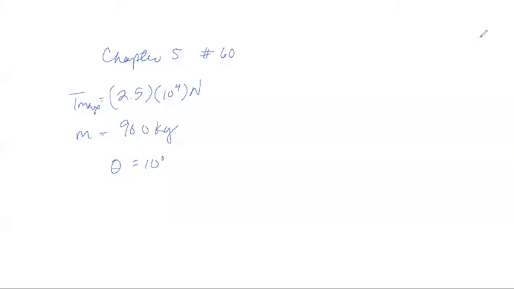Okay, sum of the forces in the x, sum of the forces in the y. Sum of the forces in the x, we're going to have T cos 10 minus T cos 10 equals 0.